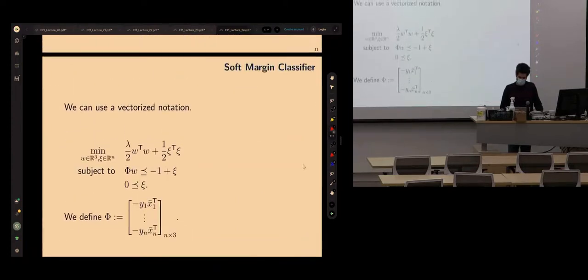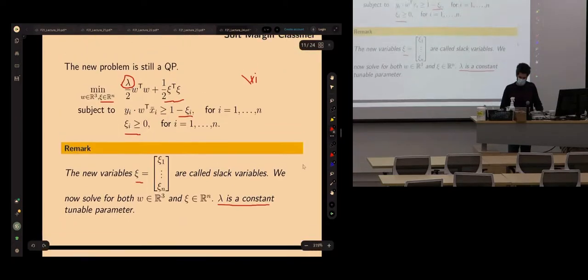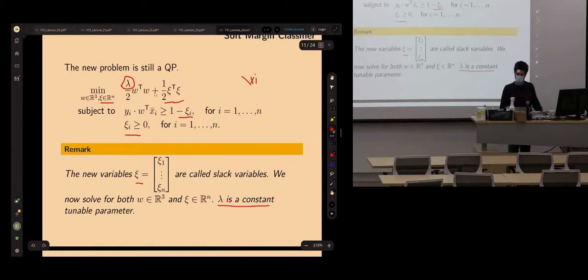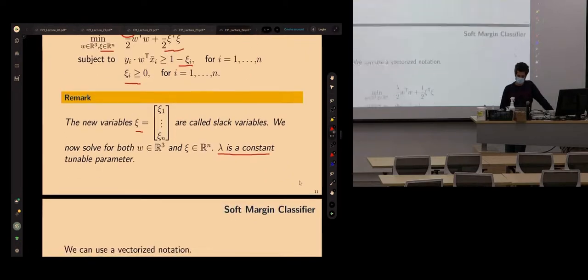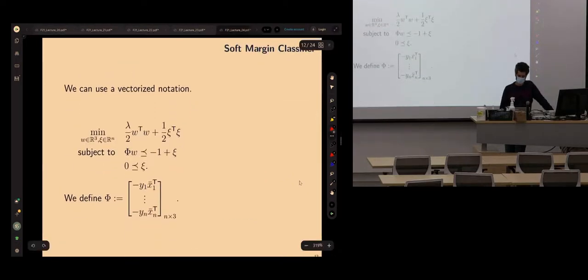So we can do one more thing. Let's vectorize this and put it in a form that our solver expects to receive. You do not have to do that. Your solver might directly take this form. But this OSQP, operator splitting quadratic programming solver, expects a vectorized version.